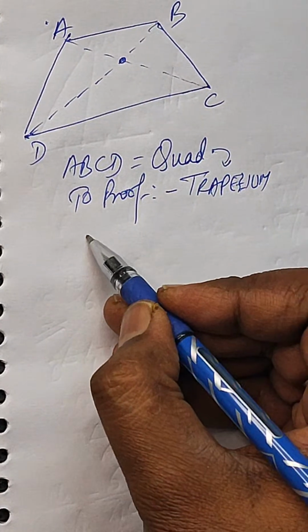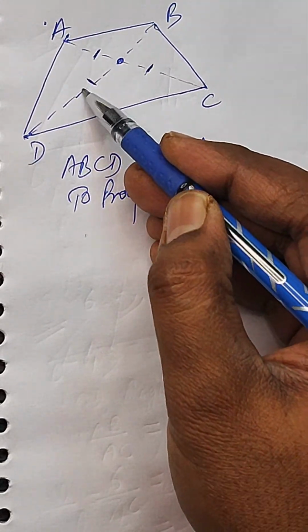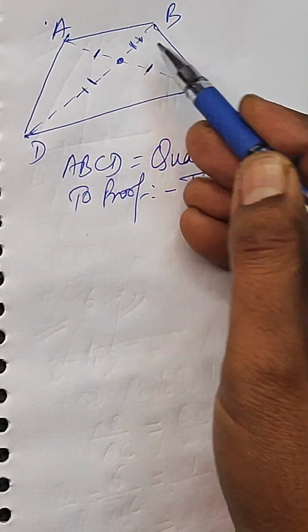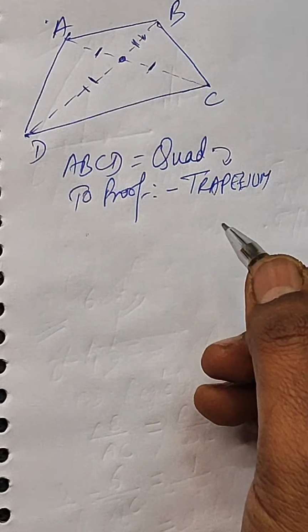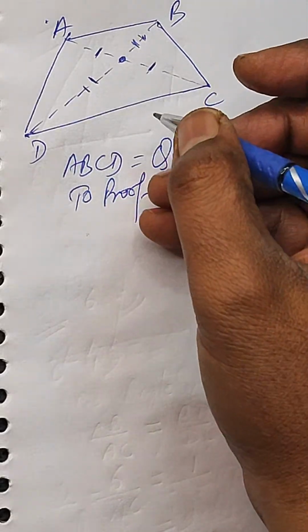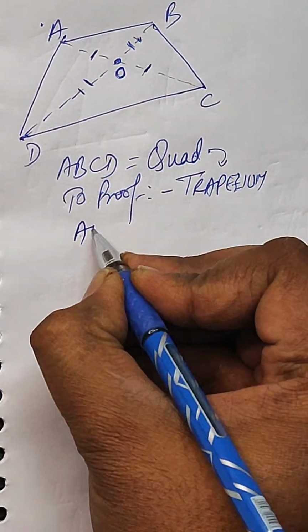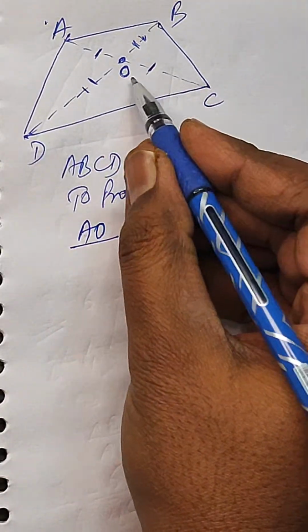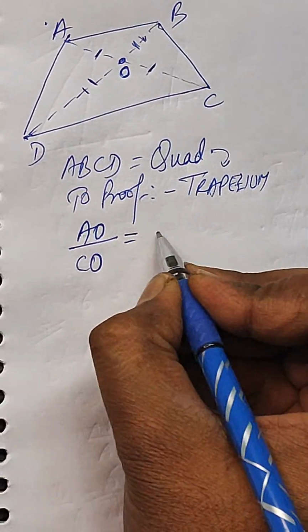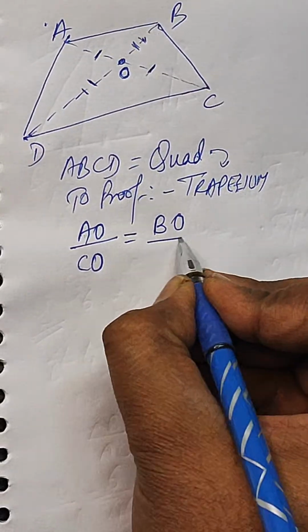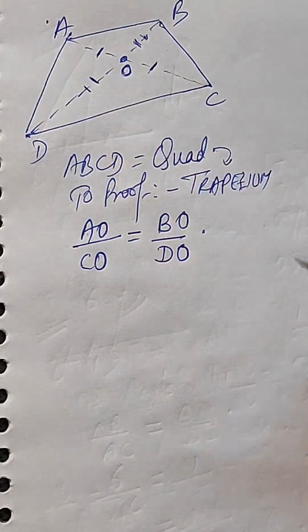If this is given to you, that means, let us say this is O, and it is given as AO by CO is equal to BO by DO, then you need to prove that this is a trapezium.